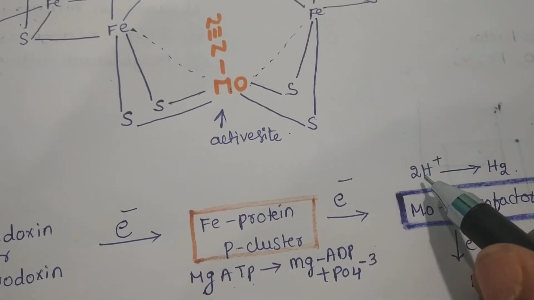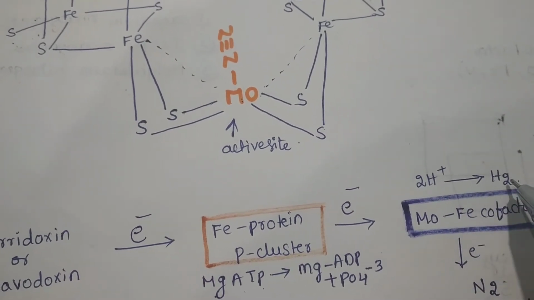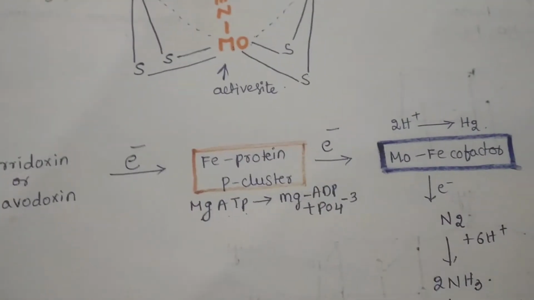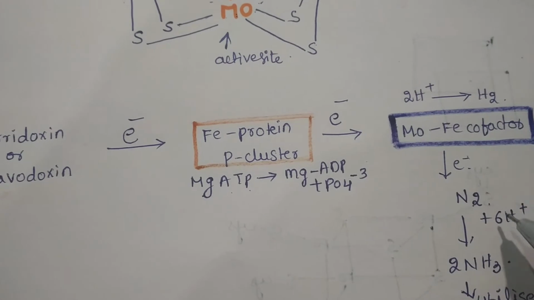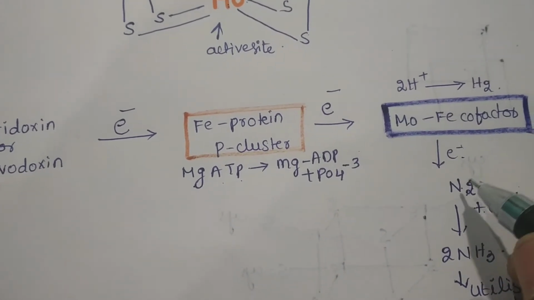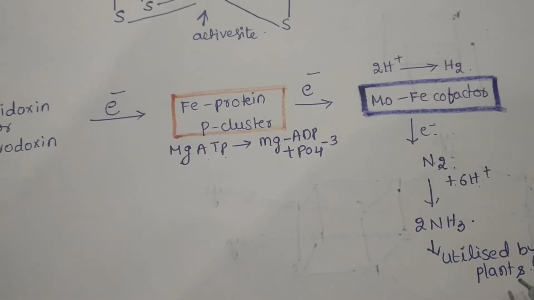In this, two H+ gives an H2 molecule, and after that this gives electrons to N2, and this N2 takes 6H+ and converts to 2NH3. This is utilized by plants.